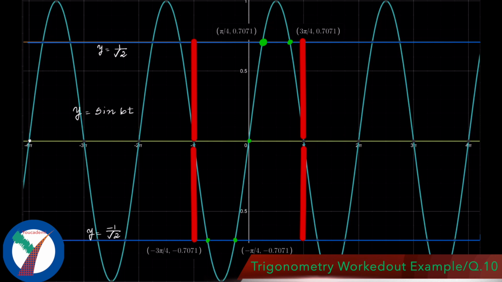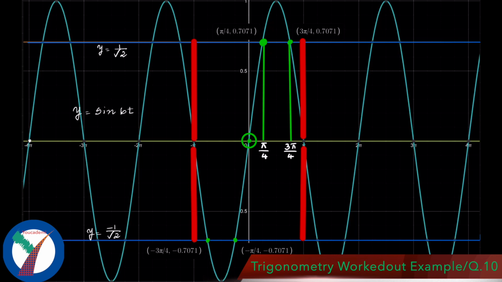Okay, what does it mean? It means the solution for sine bt equals 1 divided by square root of 2, the principal values are pi by 4 and 3 pi by 4. Okay, and the principal value for sine bt equal to 0 would be just 0.